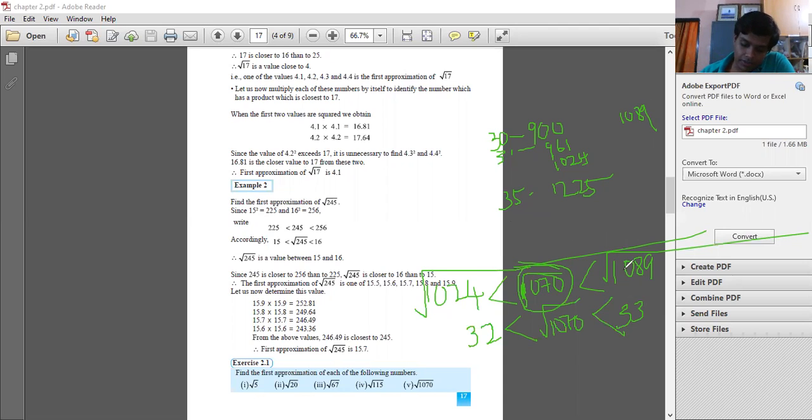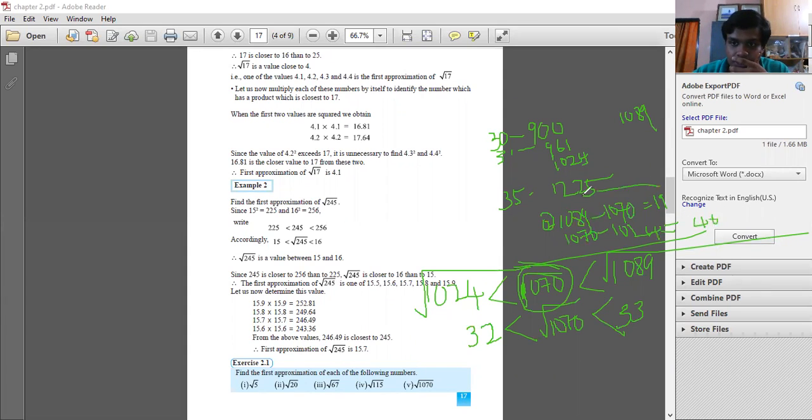1070 and 1089. What is the difference between 1089 and 1070? 1089 minus 1070 will give you 19. 1070 minus 1024 will give you around 46.